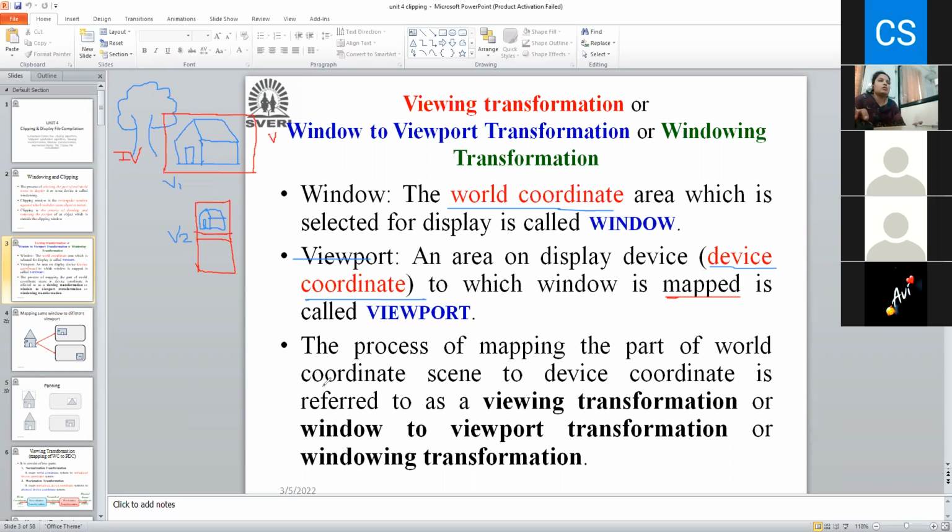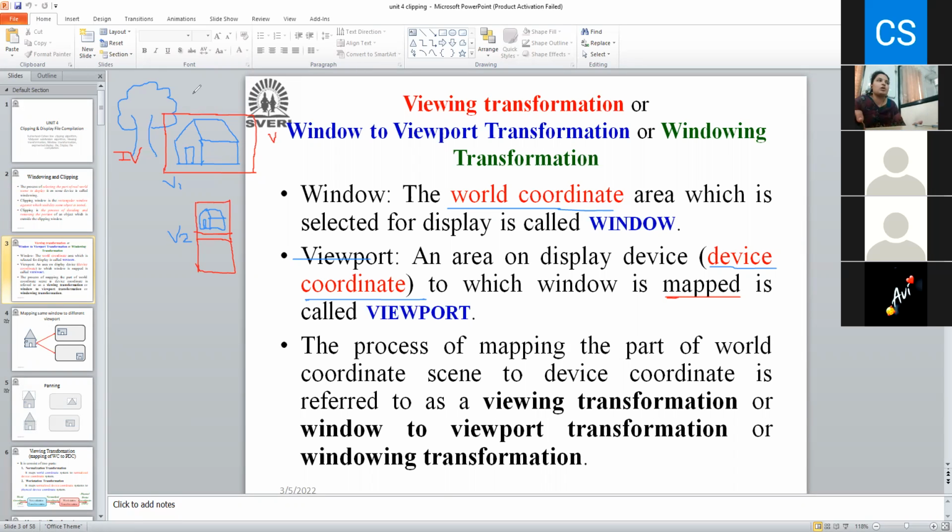Okay. So the process of mapping part of the world coordinate system scene to the device coordinate system is called viewing transformation, or window to viewport transformation, or windowing transformation. So in this mapping, the actual size of the house is mapped with the device coordinate system.